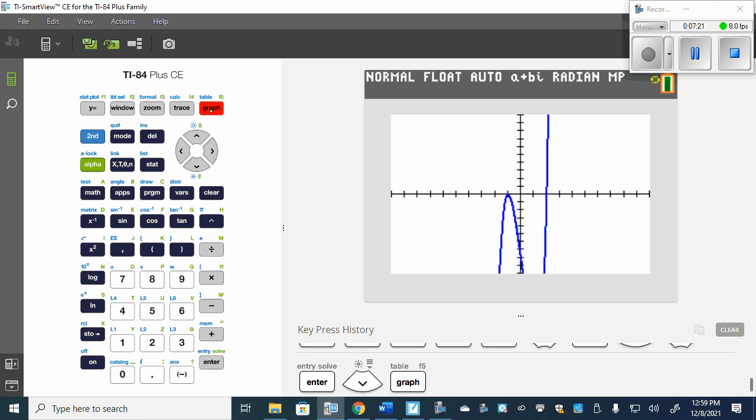Now, when we look at this here, we do see 2 zeros. One of them looks to be at -1 and the other is at 2. Now, we talked about this a few times. Whenever the graph touches the x-axis but doesn't cross it, it has an even multiplicity. So the number of zeros at that point is going to be an even amount. So we'd have 2, 4, 6, 8 going up.